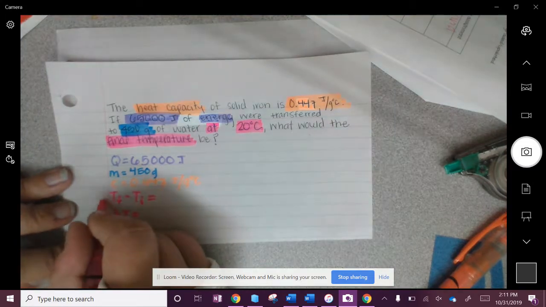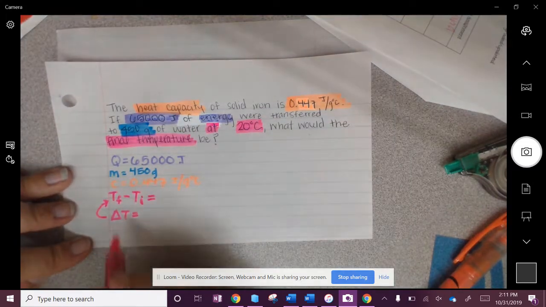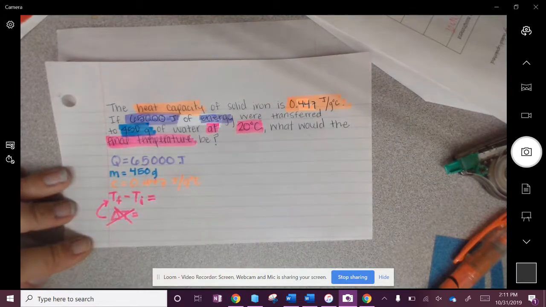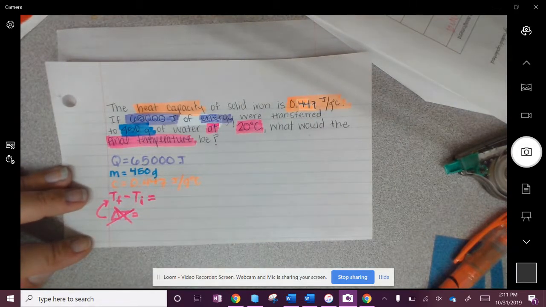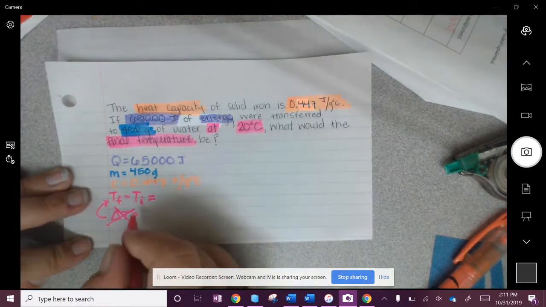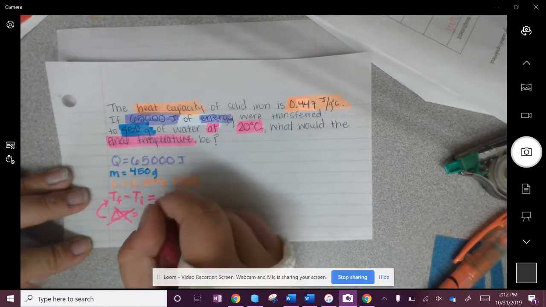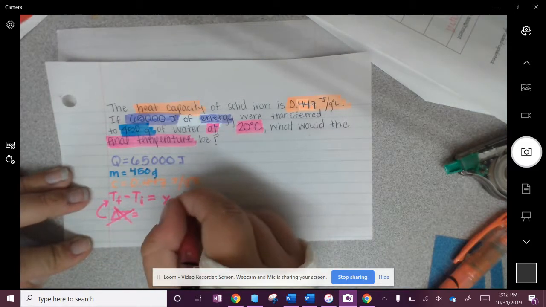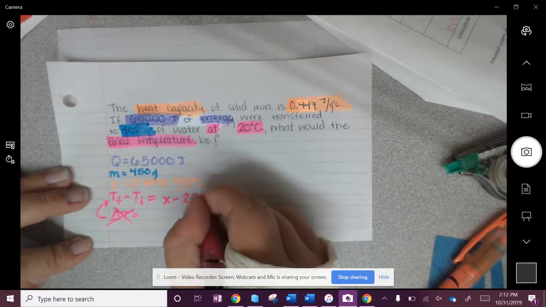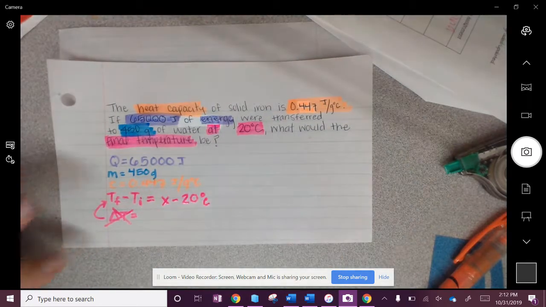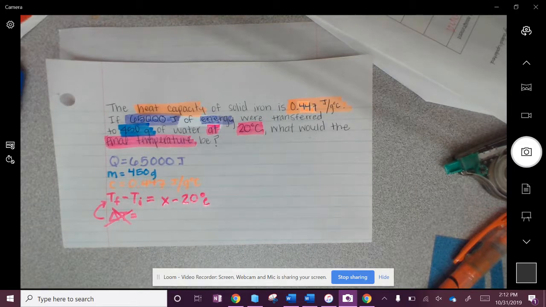So this is going to give us that, right? So I don't need to worry about this anymore. And from here, I can fill in that 20 degrees is my initial temperature. So it's going to be X minus 20 degrees Celsius. So we've identified all of our variables. Now from here, we just need to plug them in and get an answer.